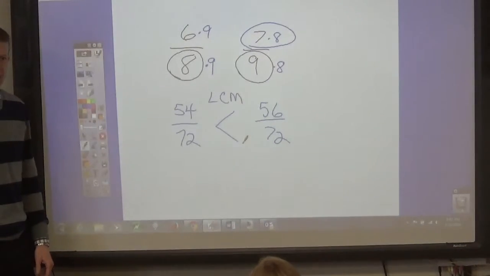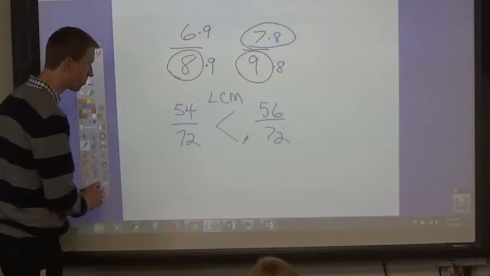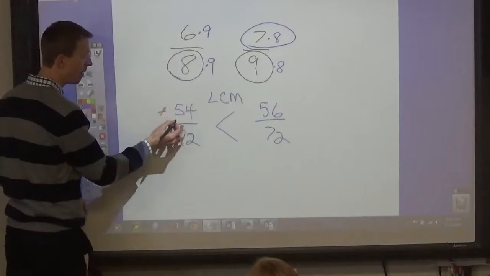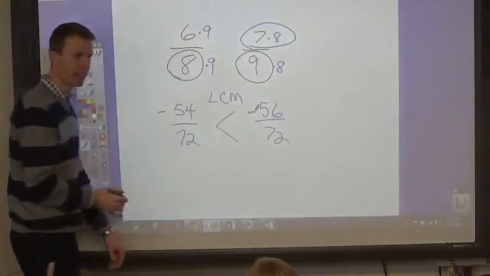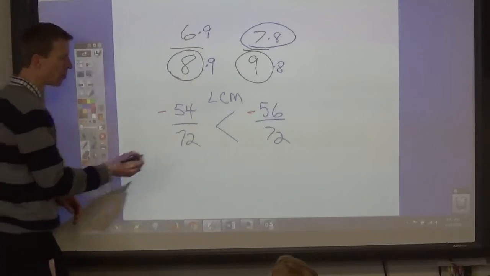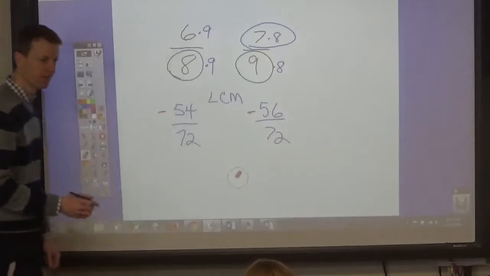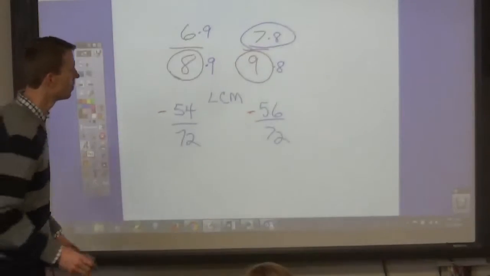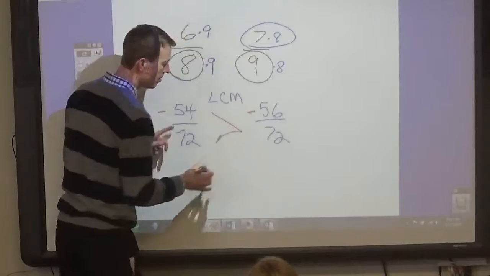Okay? Now, also remember that if these were negative, if we had negative 54 and negative 56, now which one is less? That would change our answer. Why? Maya? Right.